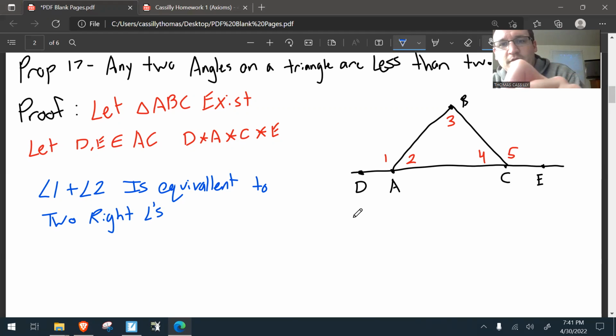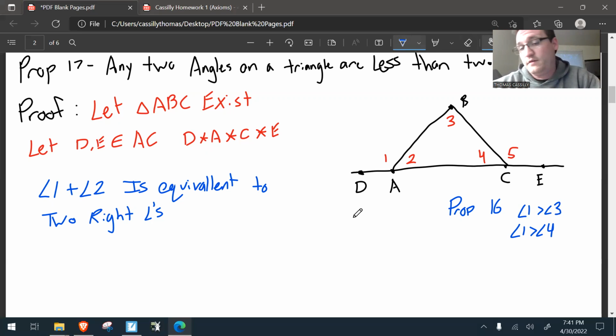So by Proposition 16, we know angle 1 is greater than angle 3, because angles 3 and 4 are the opposite interior angles. That exterior angle is greater than angle 3 and angle 4, and that is going to be useful.